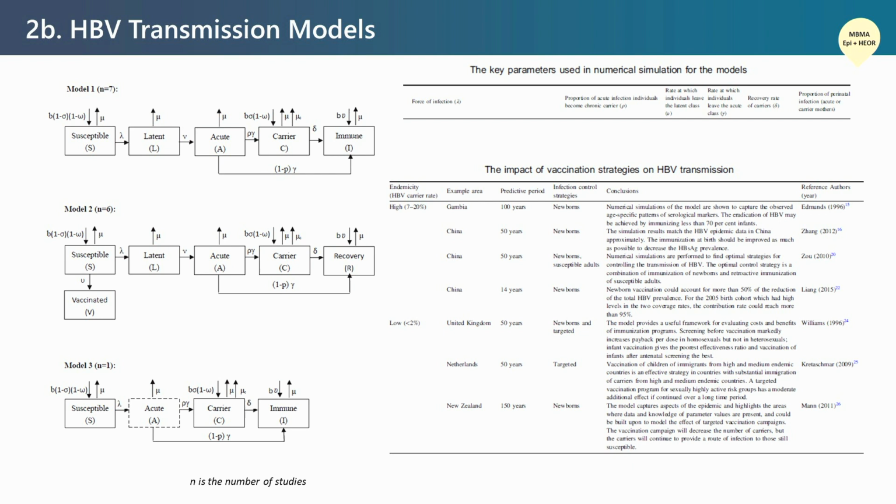Immune I are individuals who recover from the carrier stage or acute stage of HPV infection or have been successfully immunized. Recovery are individuals who have recovered from the carrier stage or acute stage of HPV infections. Vaccinated V, individuals who have been successfully immunized.